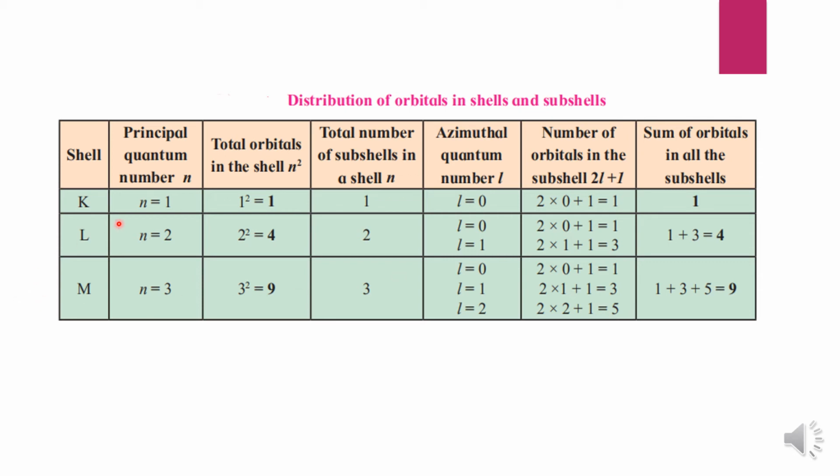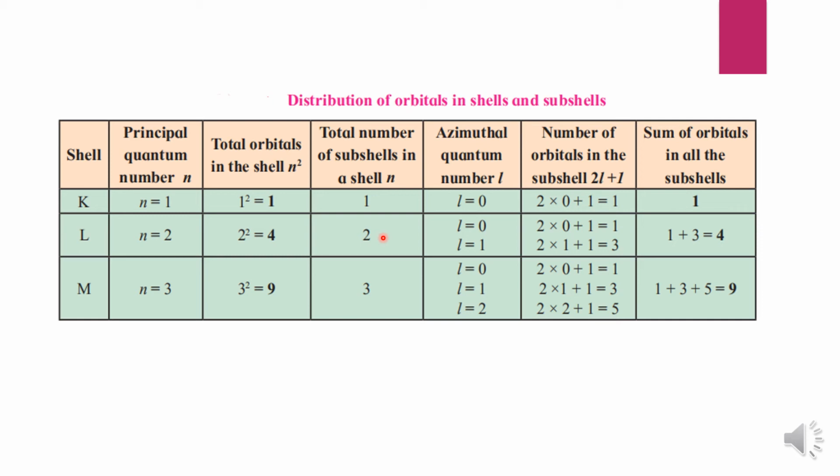Now let's talk about L shell. L shell is the second shell, so the principal quantum number is 2. According to n square, we get total orbitals 4. How many subshells will be there in the L shell? 2, because the total number of subshells is equal to the principal quantum number.